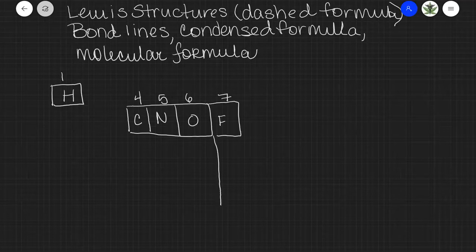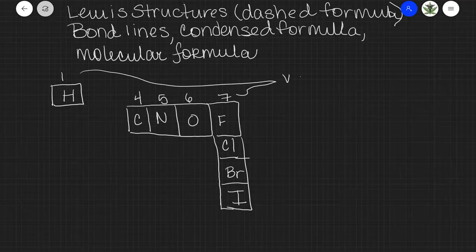And this does include all the other halogens, such as chlorine, bromine, and iodine. So again, these are the valence electrons. These are the outermost electrons that are involved in chemical bonding.